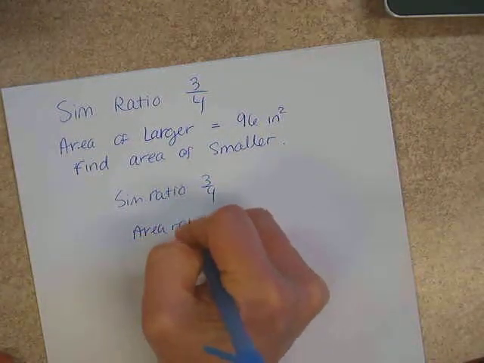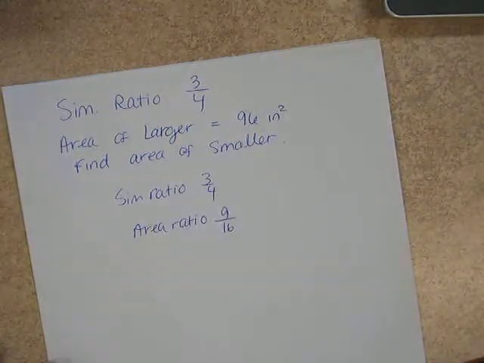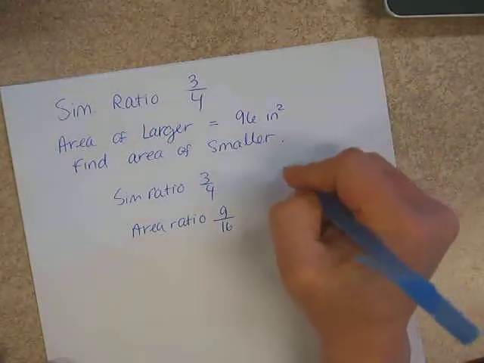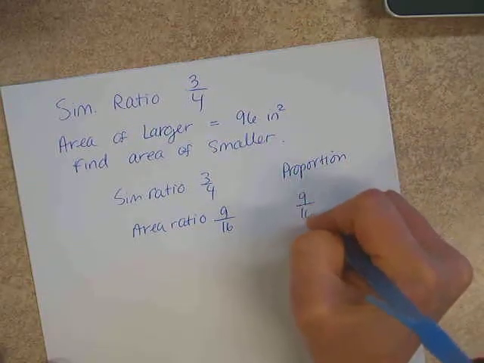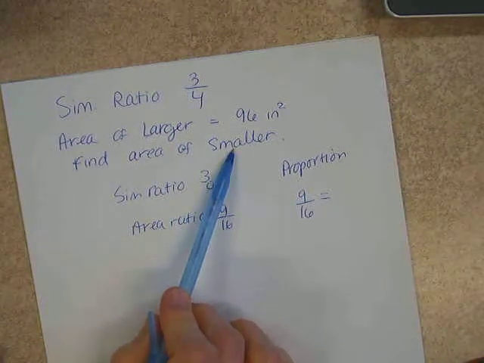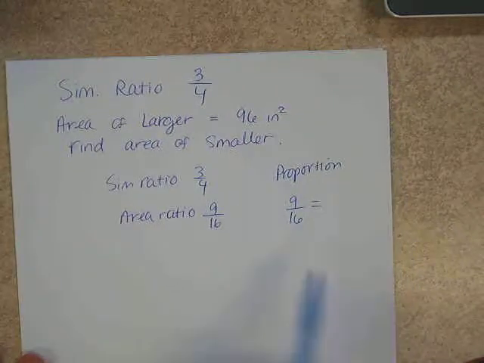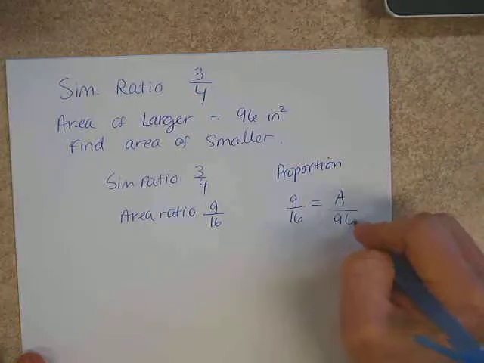Find the area of the smaller. Okay, they're giving you similarity. So your similarity ratio is 3/4, which means your area ratio would be what? 9/16.